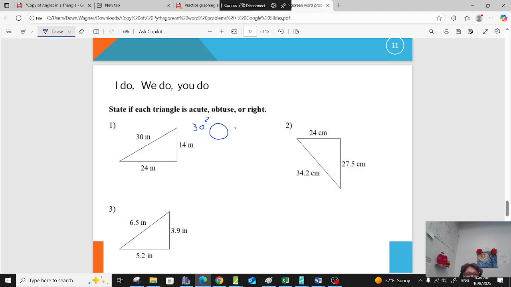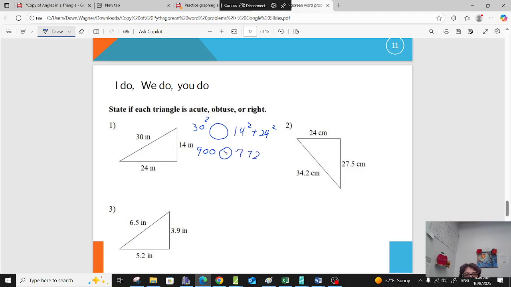Okay, so then over here I'm going to put 14 squared plus 24 squared. So use your handy-dandy calculator. 30 squared would be 900. I could do that one in my head. And this one, I'm just going to do it all at once. 14 squared plus 24 squared is 772.